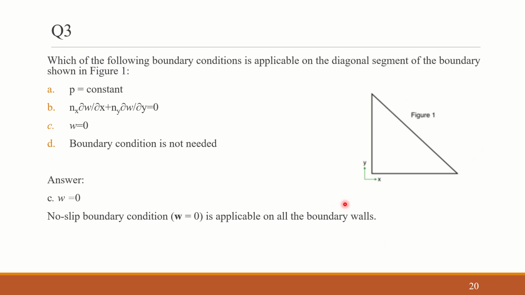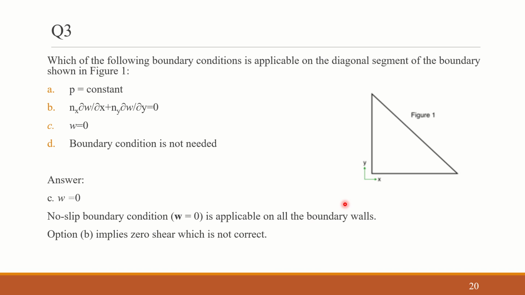Option B implies 0 shear, which is not correct. If nx ∂w/∂x plus ny ∂w/∂y is 0, it implies 0 shear, and if you put it in the Navier-Stokes equation, those terms equate to shear stress, right?